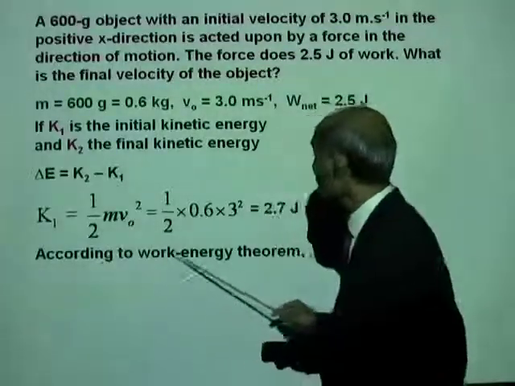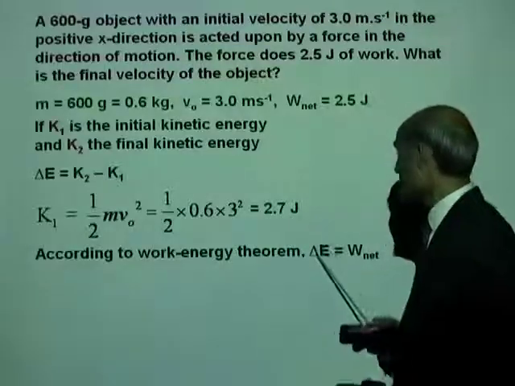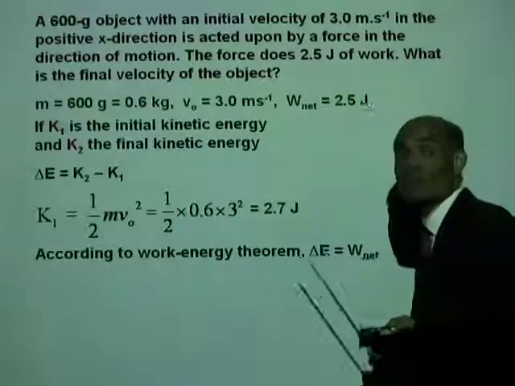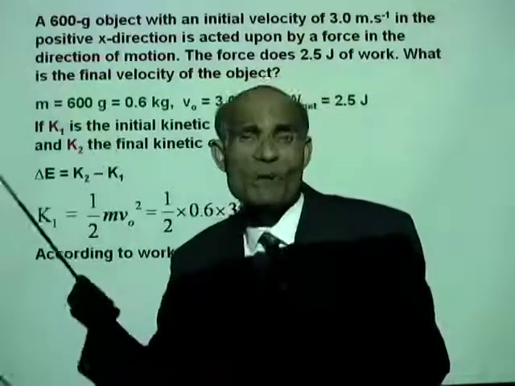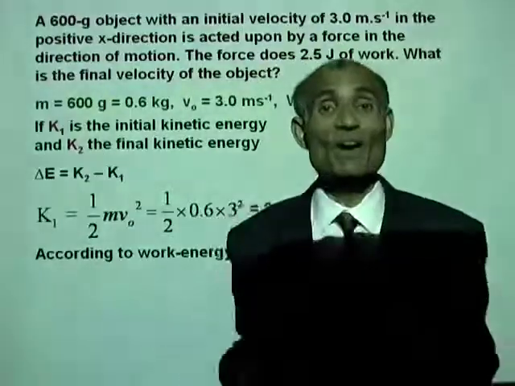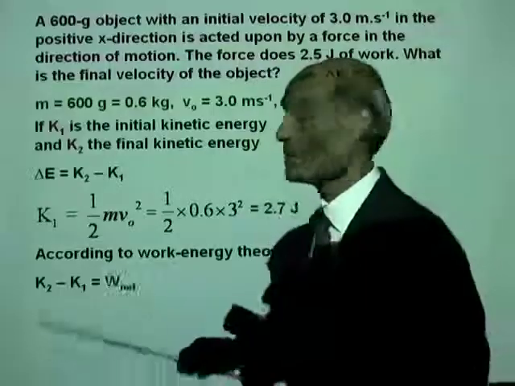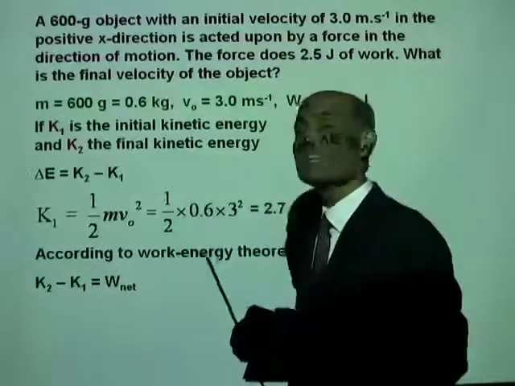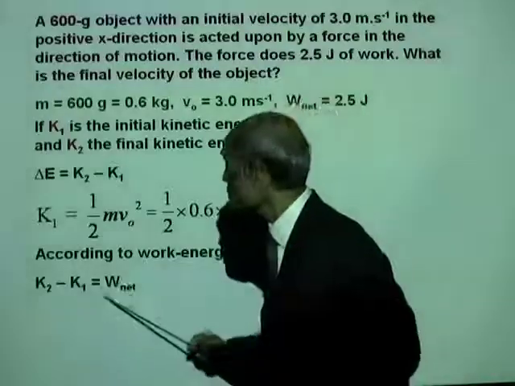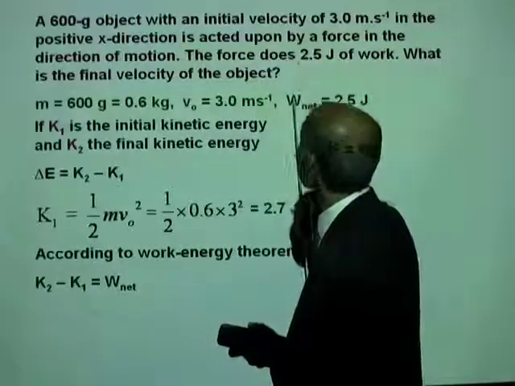Therefore, according to the work-energy theorem, delta E, the change in the energy, is a measure of the net work done on the object. So K2 minus K1 equals the net work done. How much is the net work done?